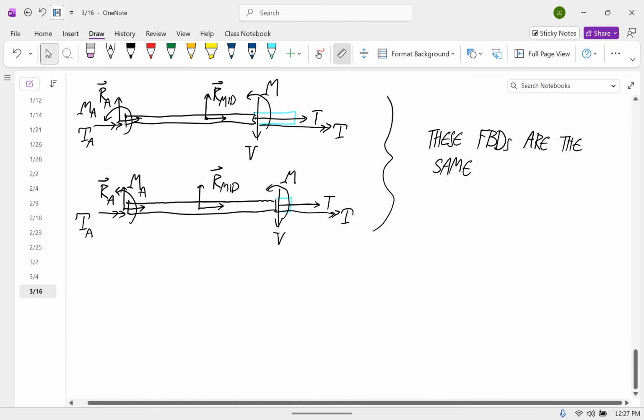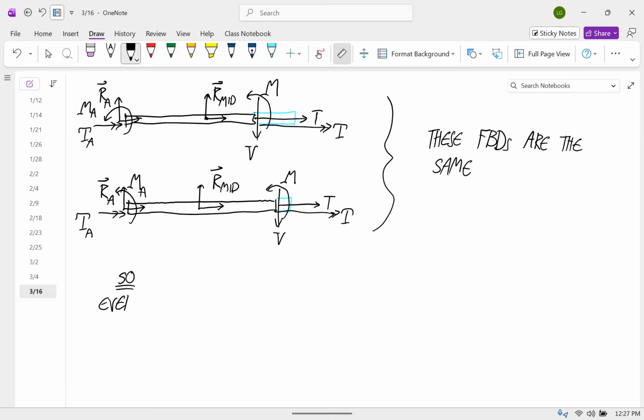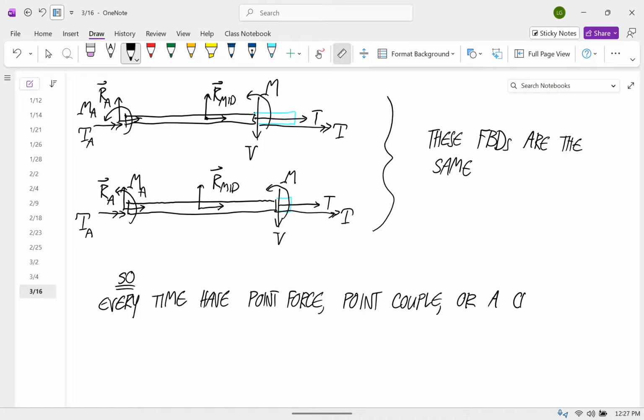Okay, so every time you have a point force, a point couple, or a change in the distributed load function, you need a new cut.